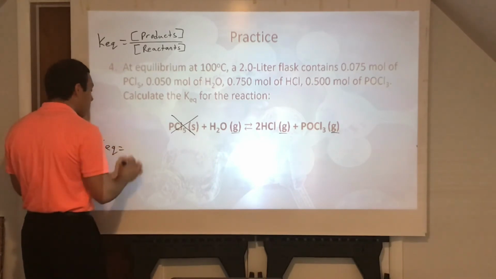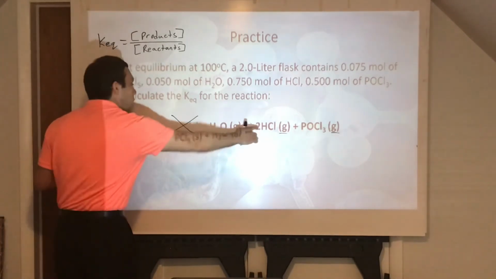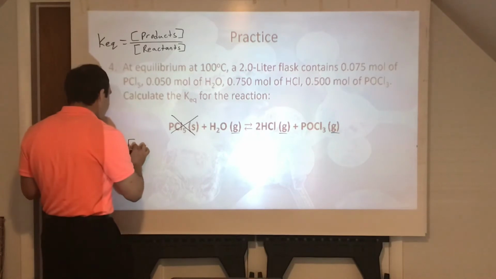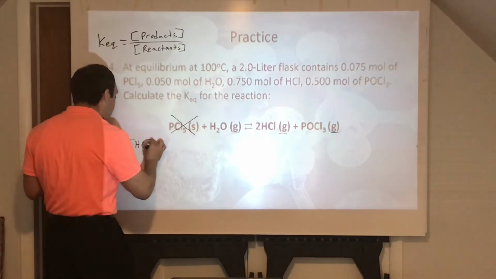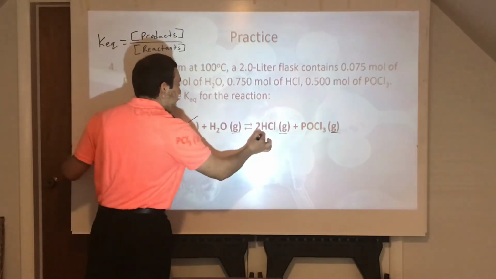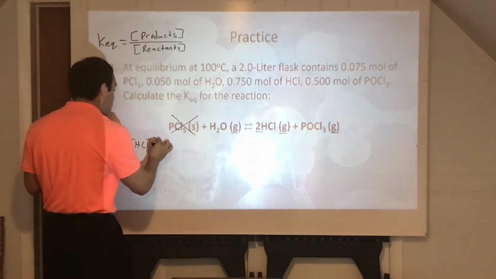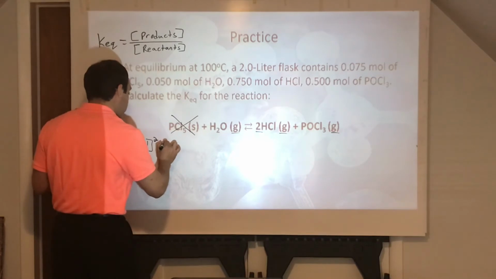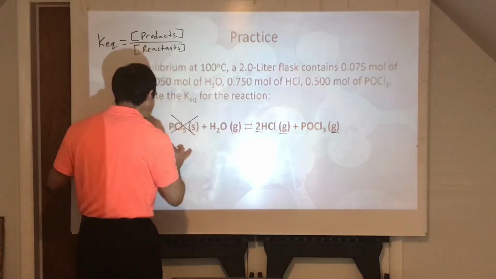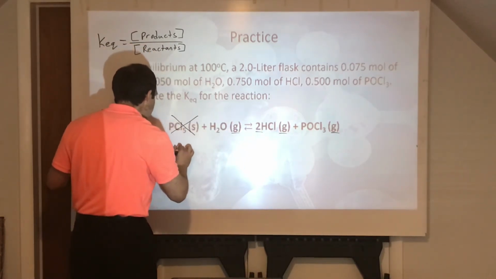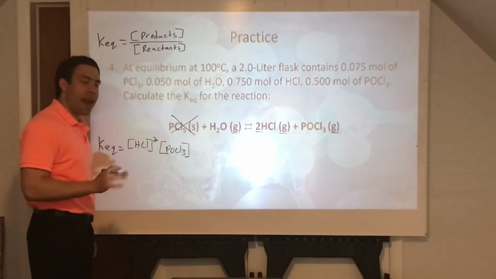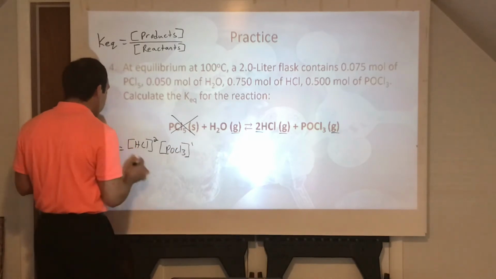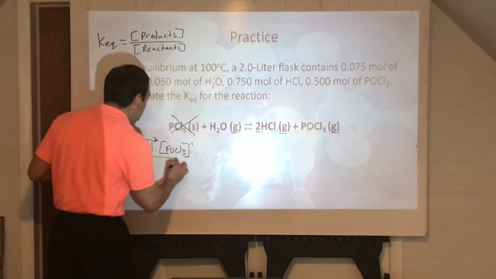KEQ is equal to the products, HCl. Let's check for coefficients. It has a coefficient of 2, so raised to the second power, times the other product, POCl3, which does not have a coefficient, so we don't have to put anything, or we could put the number 1, over.